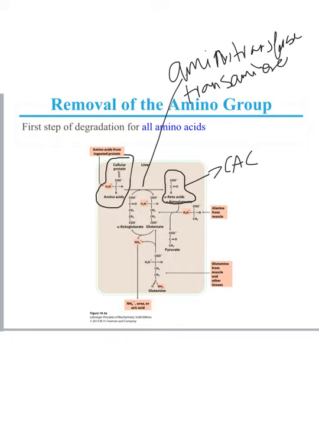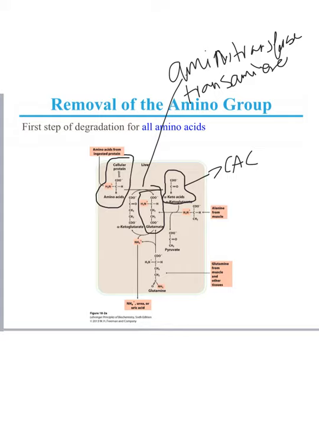Basically, we're transferring that amino group off of the amino acid to glutamate. The ultimate goal of the degradation of amino acids is to transfer that amino group to an L-glutamate molecule. We know that L-glutamate is used as an amino group donor in biosynthetic pathways or excretion pathways.